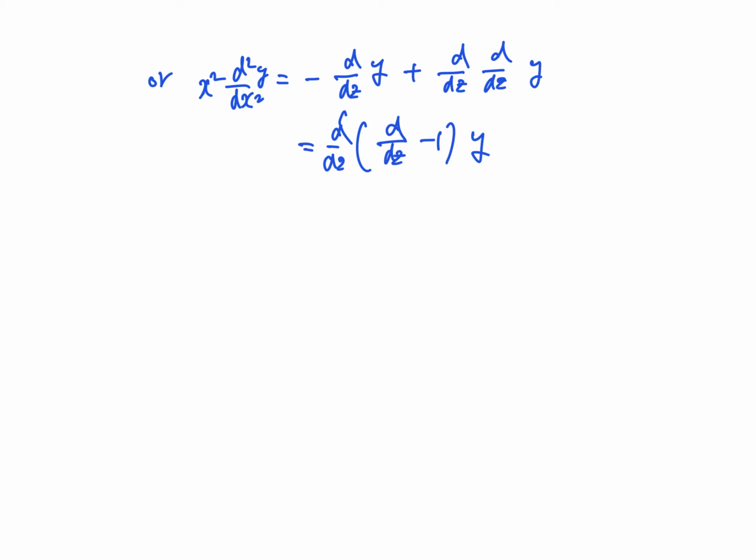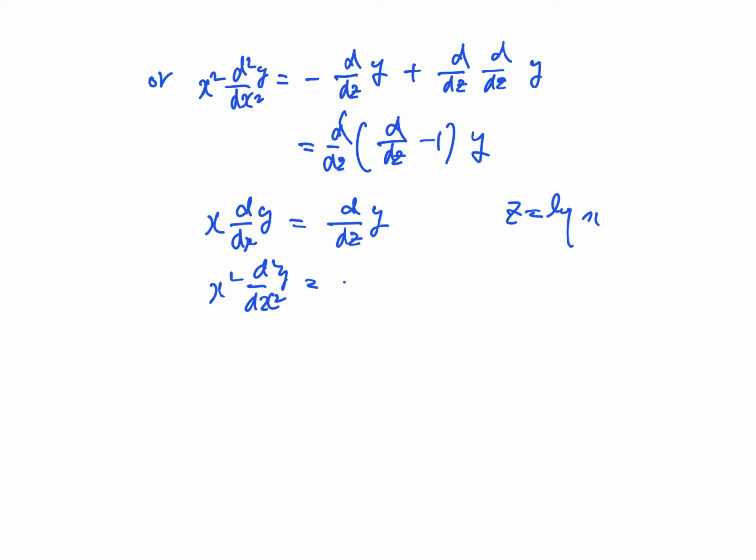So let's summarize. x dy/dx is dy/dz, where z was log x. x squared d squared y over dx squared is d/dz (d/dz minus 1) y.